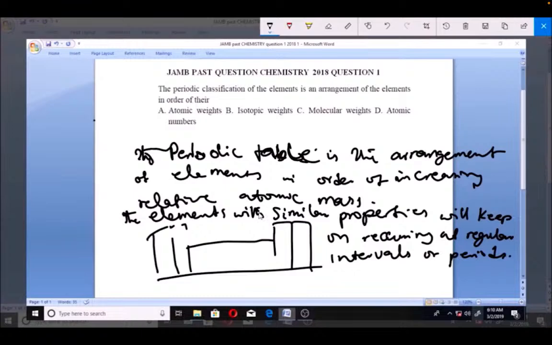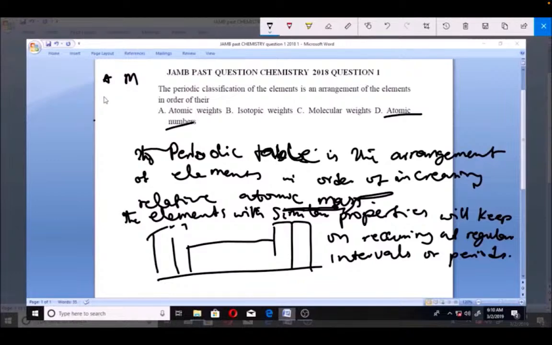So the periodic table is actually the arrangement in the order of increasing atomic mass. So how do you get the atomic mass? You know that the atomic mass is a function of the atomic number. So from that, you can easily say that the right answer should be the atomic numbers. D should be the correct answer because as the atomic number is increasing, the mass number is also increasing, or the atomic mass is also increasing.